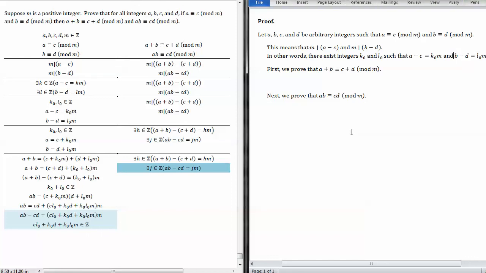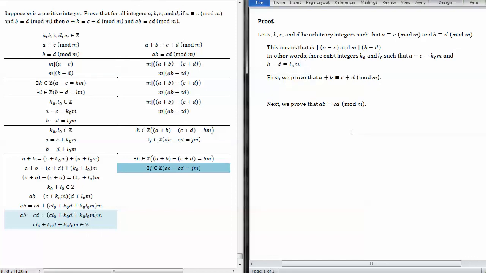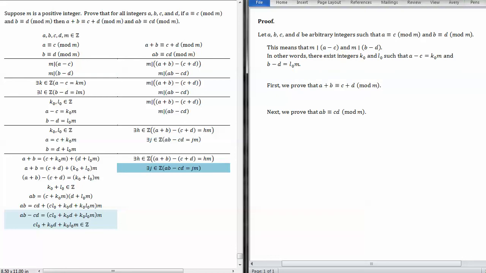Okay. So where are we so far? We let these be arbitrary. We brought over our new goals, and we did the definition of the congruence, and then the definition of m dividing these things, and existential instantiation got us to these statements.